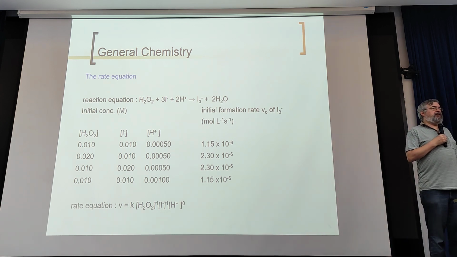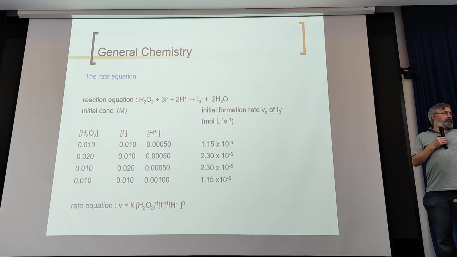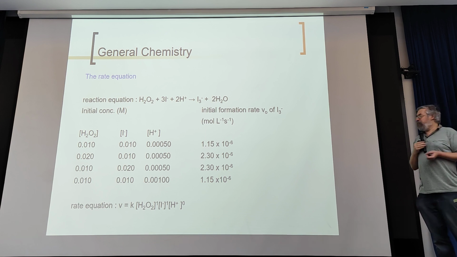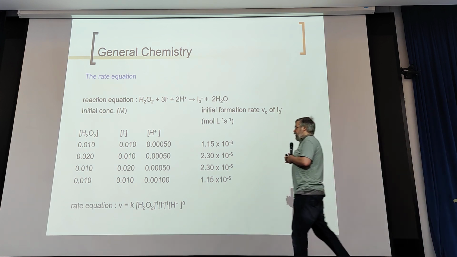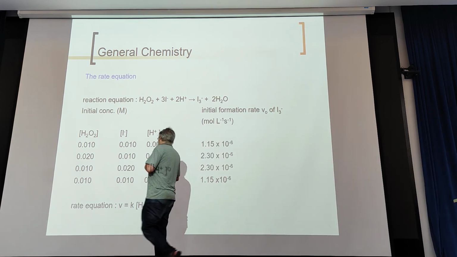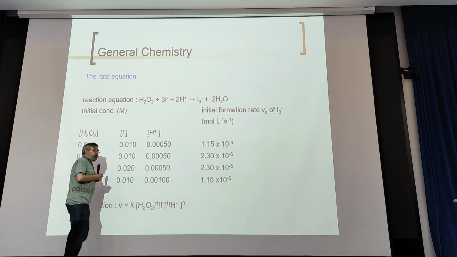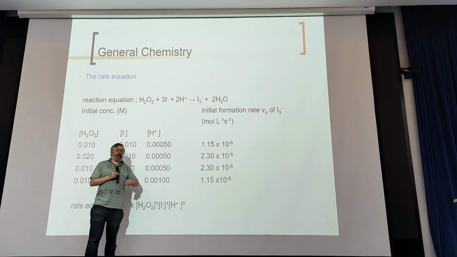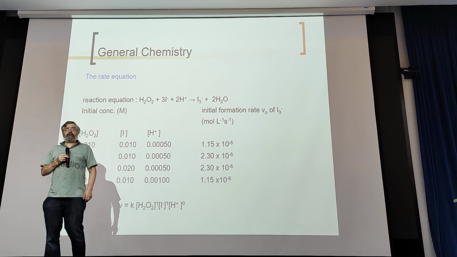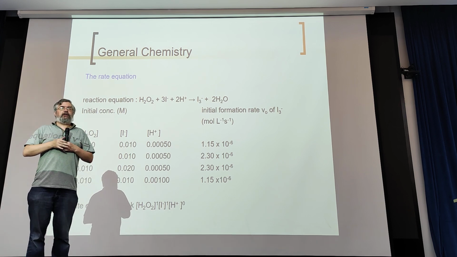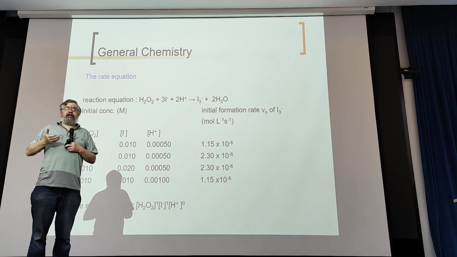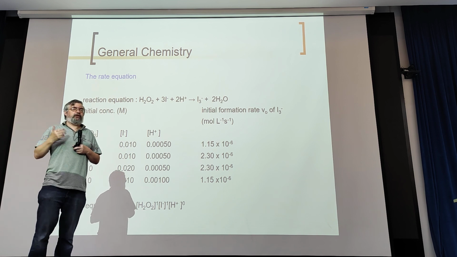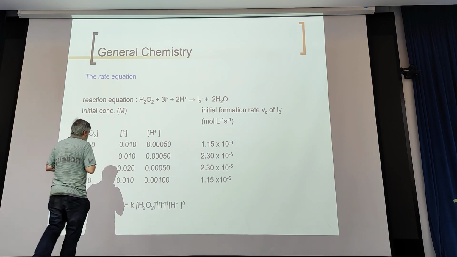Now, this means we can make some kind of relation of the speed to the initial concentrations. It's directly proportional to the hydrogen peroxide concentration. It's also directly proportional to the iodide concentration. So this is the power 1, but power 1 can be omitted, since it doesn't mean anything mathematically.